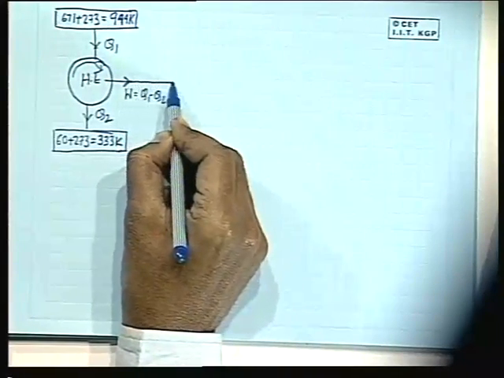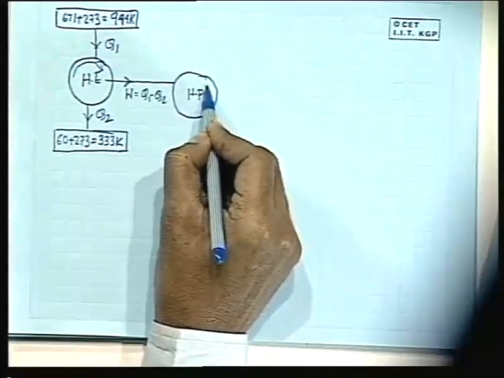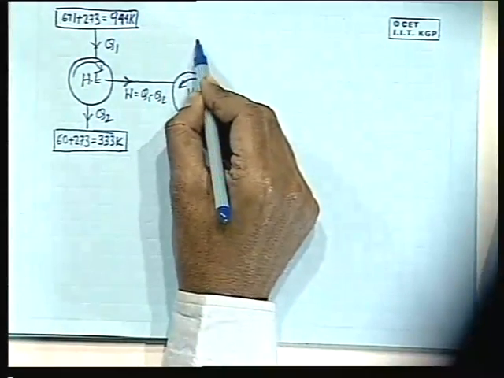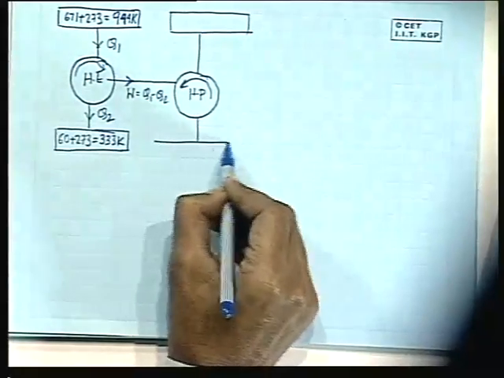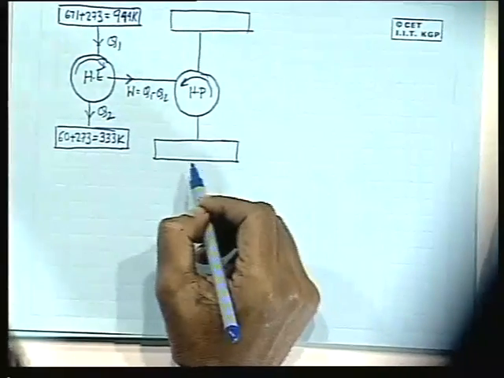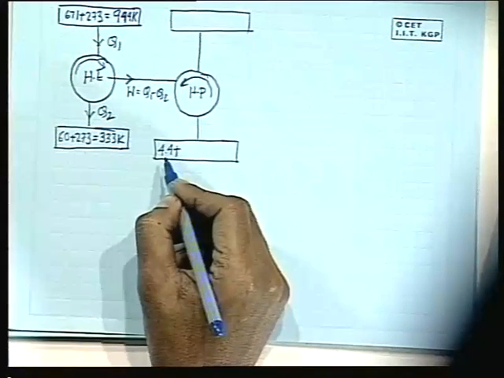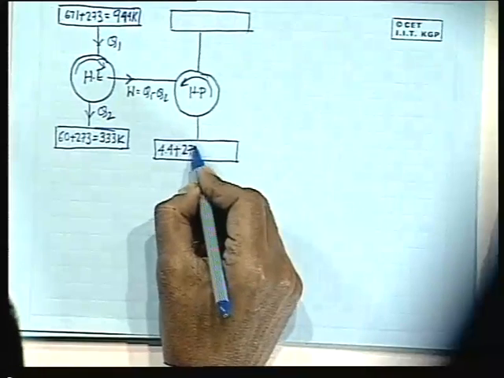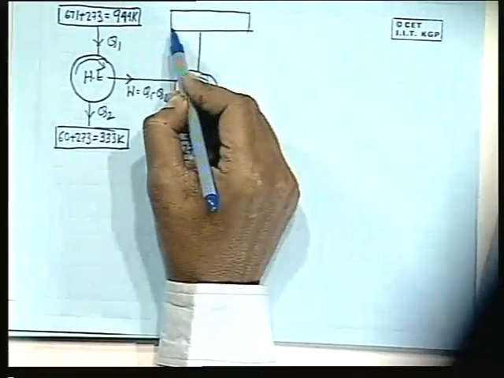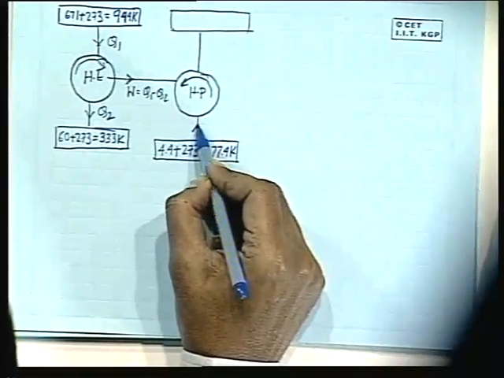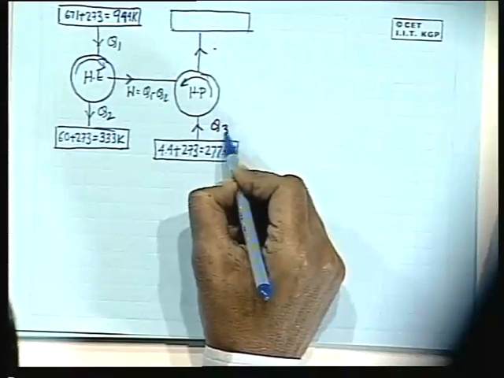But this drives a heat pump. That is the problem. This is the heat pump which operates on a reverse cycle, and here the temperatures are like this, from which it takes the heat, that is 4.4 plus 273, which is 277.4 K. And let the heat taken be Q3 and the heat delivered be Q4.